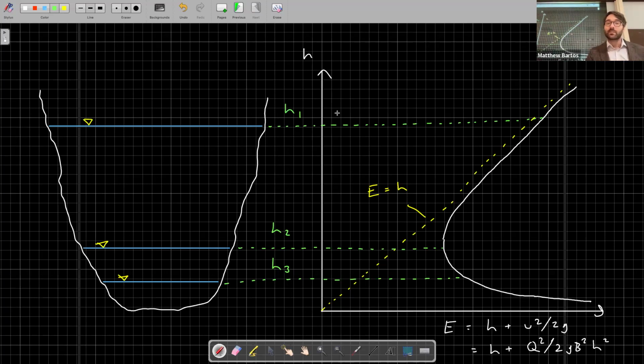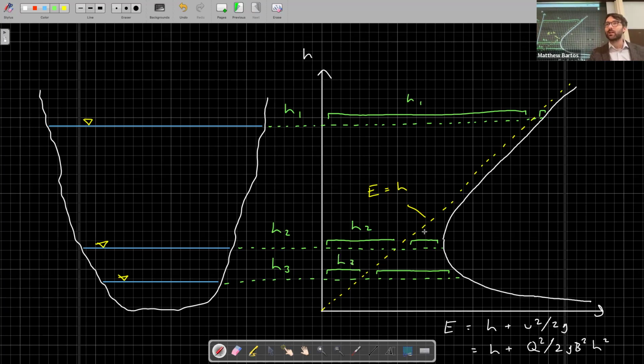That means that for each of these points on our specific energy curve, we can partition the specific energy into the point that's left of that diagonal line and the point that's to the right of that diagonal line. And the portion on the left is equal to the depth. So that'll be H1, H2, H3.